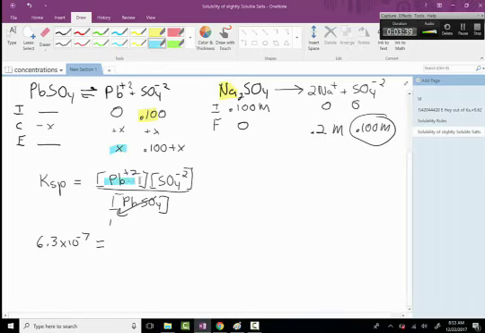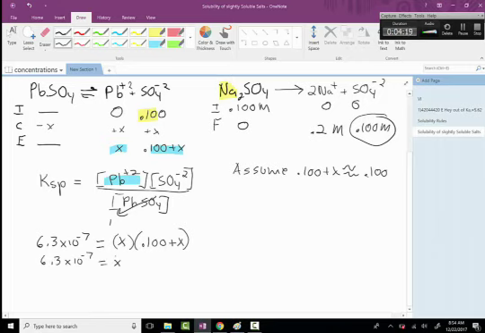That equals x for lead, so I get an x here, and 0.100 plus x for the sulfate. And I'm going to make our assumption. I'm going to assume 0.100 plus x is approximately equal to 0.100. If I do this, this becomes really easy to solve. 6.3 times 10 to the -7th equals x times 0.1.